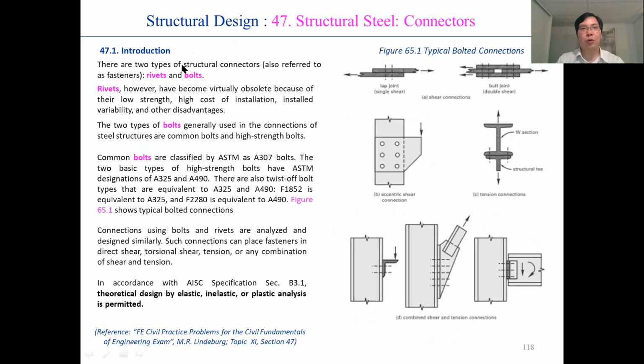There are two types of structural connector, rivets and bolts. Rivets have become virtually obsolete because of the low strength, high cost of installation, and other disadvantages. For bolts, there are two types used in the connection of steel structures: common bolts and high strength bolts.